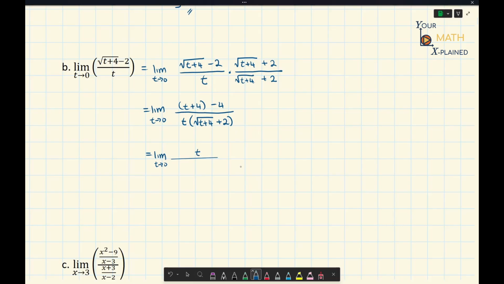And then the bottom stays the same. And the reason we're doing this is because now we can cancel out the t on top and the t on the bottom. And once we cancel out the t, 0 is now within our domain. So we can go ahead and substitute it in. And this is going to be equal to 1 over 4.